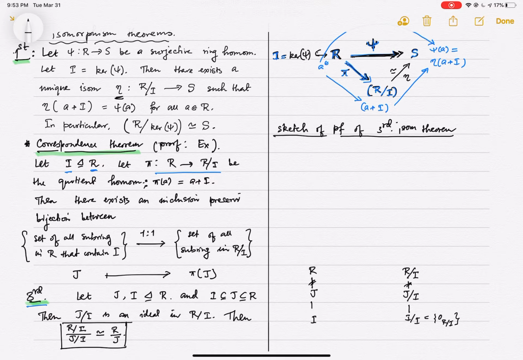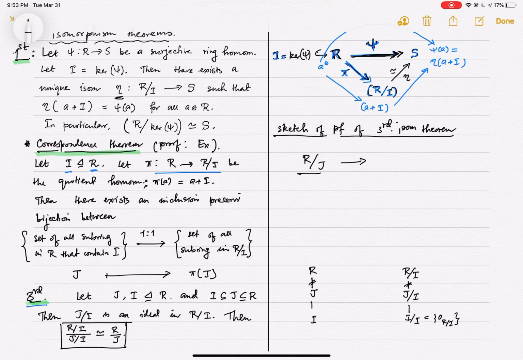I need to prove R mod J is isomorphic to R mod I mod J mod I. So the philosophy is that you want to get a map from R mod J to the thing on the left hand side. But you don't want to directly define these maps because elements of R mod J, remember, are these cosets. So defining maps on those is kind of cumbersome and not elegant.